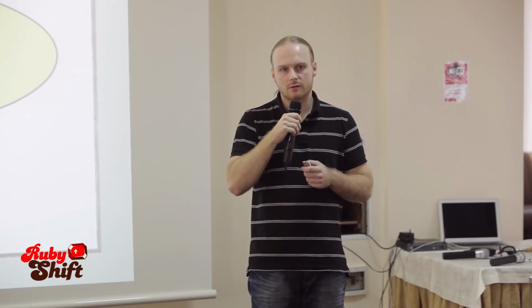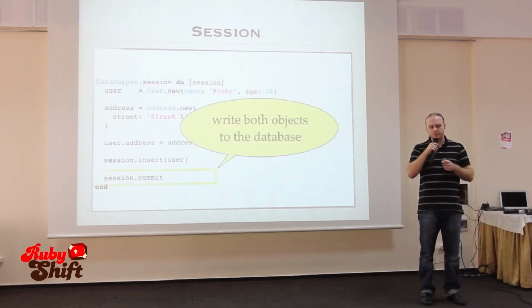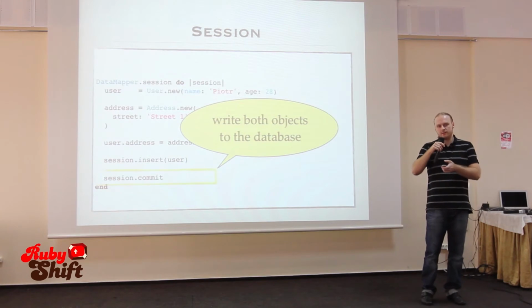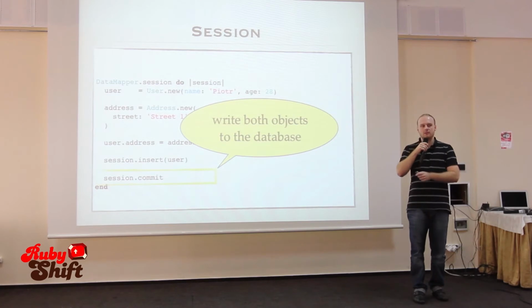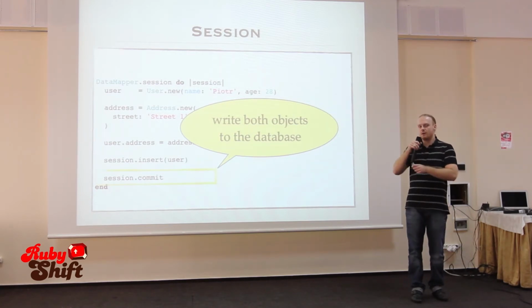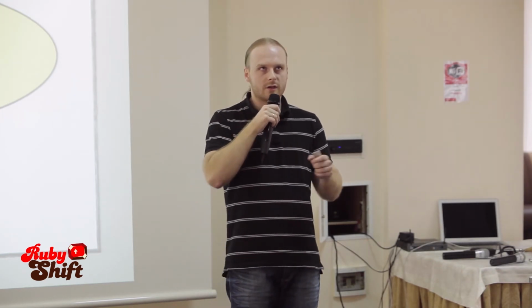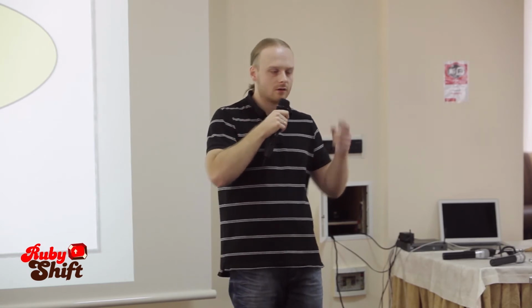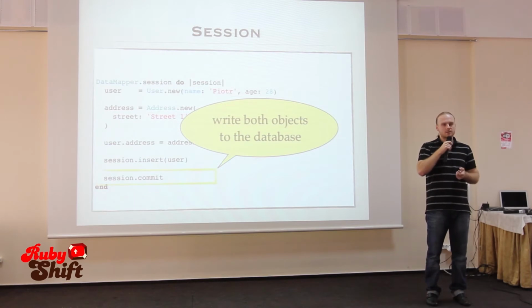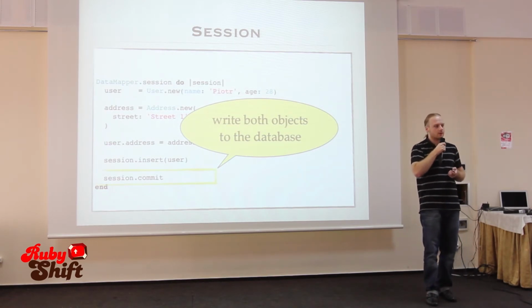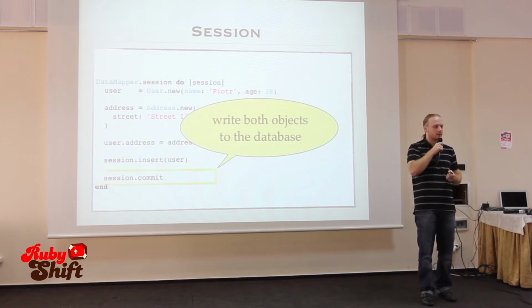In Active Record, if you create a user with an address, the user itself has to figure out that it has an association, and an address object, so it needs to save itself, get its ID, and then save the address. But if the address fails, then oh boy, we have a problem. So in DataMapper, this is always a transaction. By default, you will be able to turn it off, but it's not recommended.